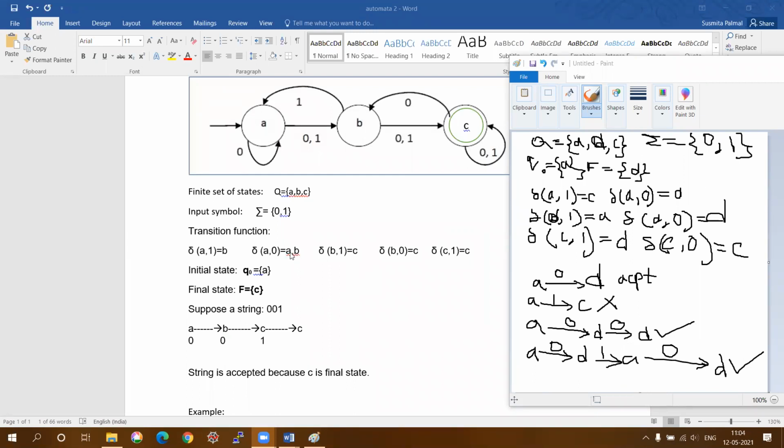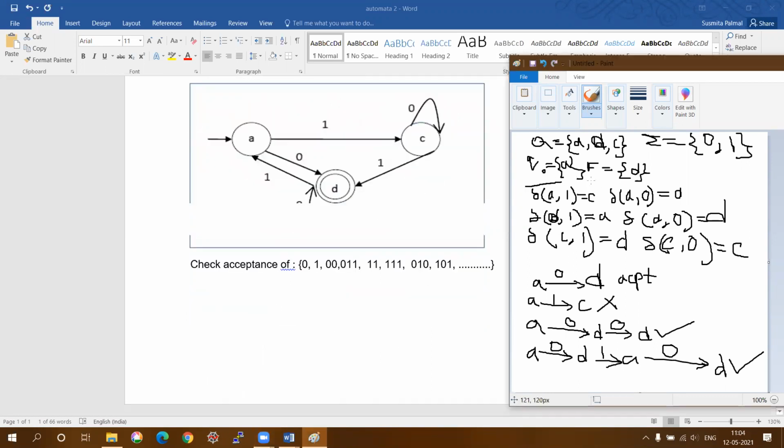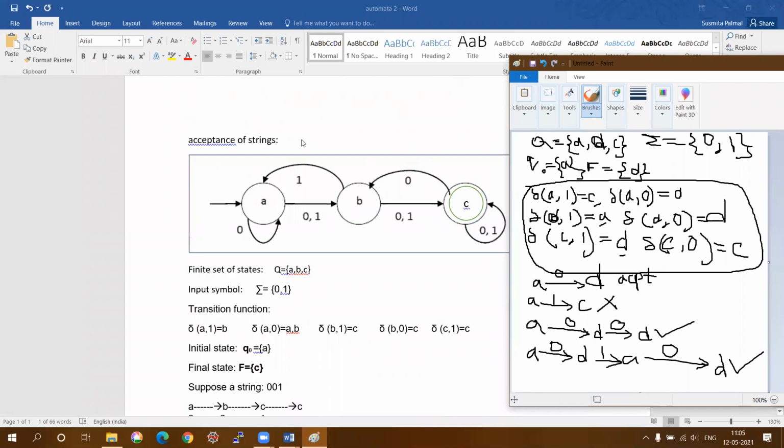One was going to A and another was going to state B. But for the next example, the transition function says that using an individual input, there is only one distinct transition. Every entry on the right-hand side of every transition function is a single element. Here we have C, here we have A, here we have B. But for the other example, we have more than one symbol.